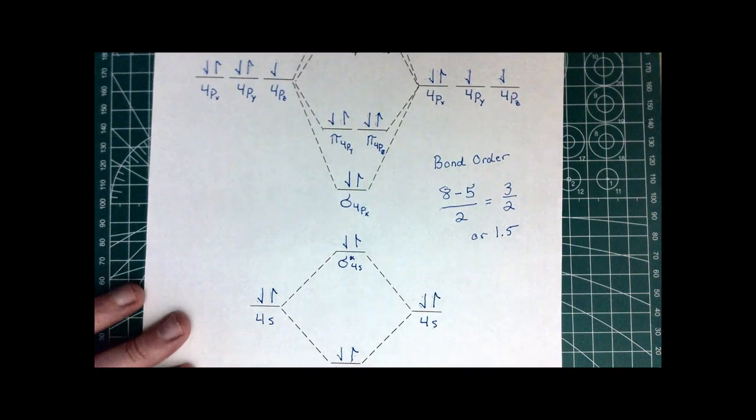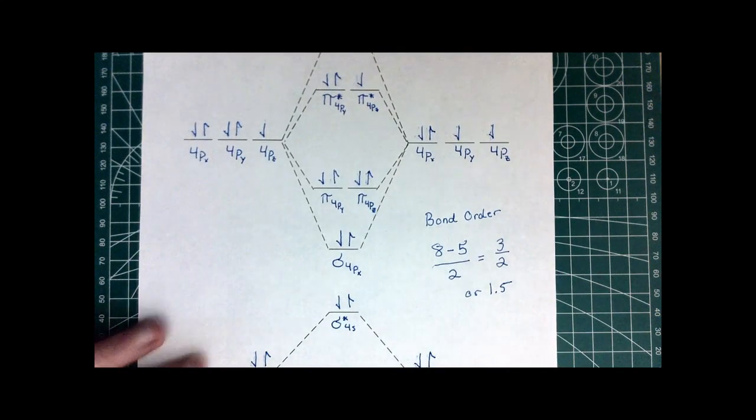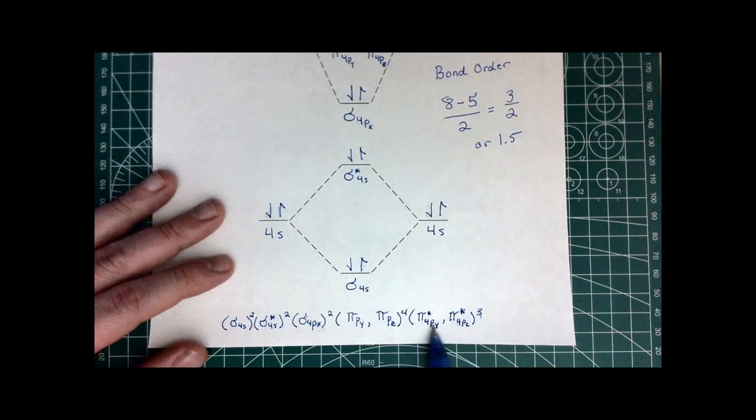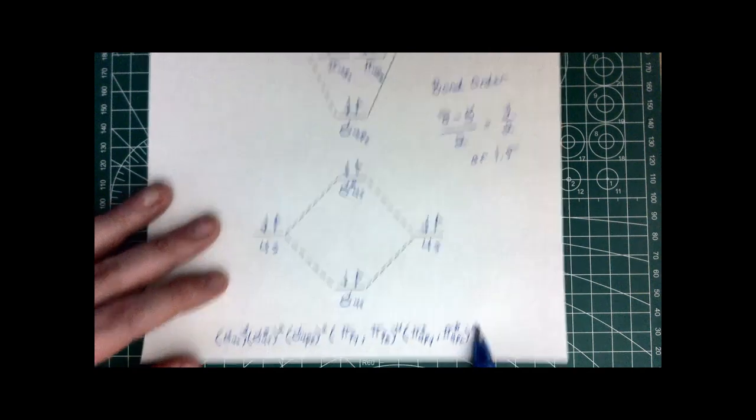Then we've got the 4py anti-bonding pi orbital and 4pz anti-bonding pi orbital, and in those there are 3 electrons. And that's pretty much it.